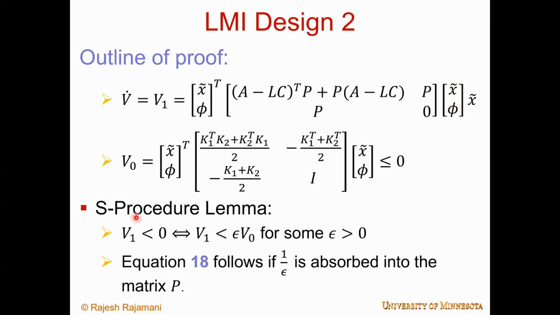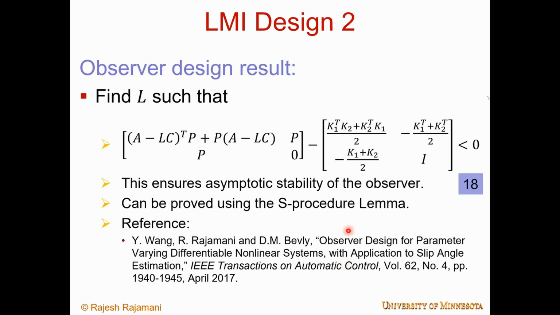By using the S procedure lemma, V dot is going to be less than 0 if and only if V dot is less than epsilon times V0, and by absorbing this epsilon into the P matrix, we can essentially show that the previous equation, the observer design equation, is true. This proof you can find in our paper published a few years ago.